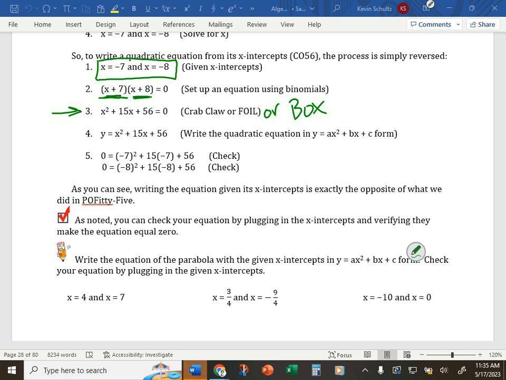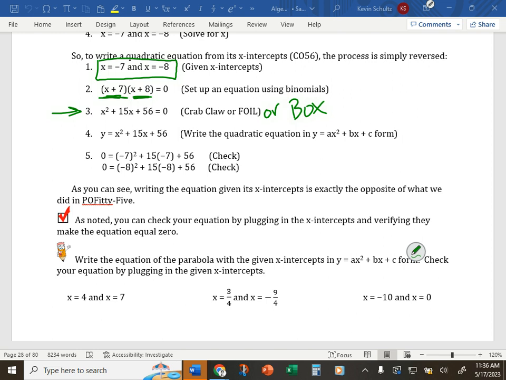And you can check these answers also, like we talked about before. If you plug in negative 7 for x in this equation, does negative 7 squared plus 15 times negative 7 plus 56 equal 0? Yes, it does. Negative 8, it's the same thing.